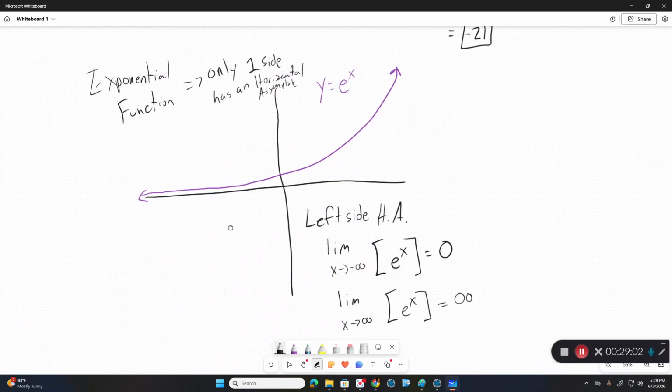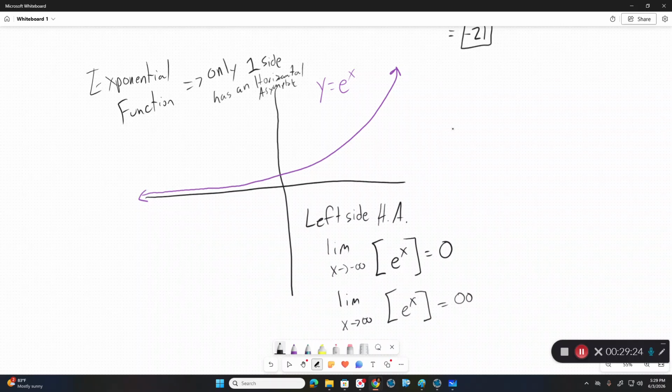It's only on exponential type functions that we're going to see this behavior where one side is going to have a horizontal asymptote and the other one is going to grow pretty much without bound. And maybe it grows in a positive direction, maybe it grows in a negative direction. But ultimately, that sidedness makes exponential functions a little bit trickier.